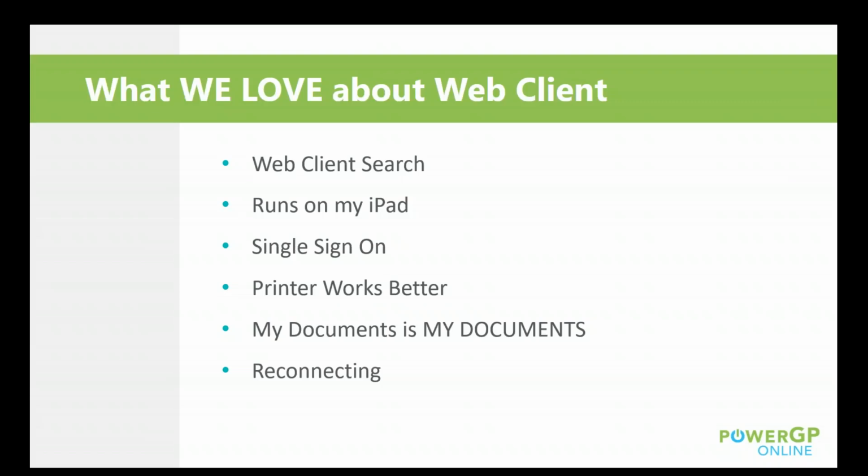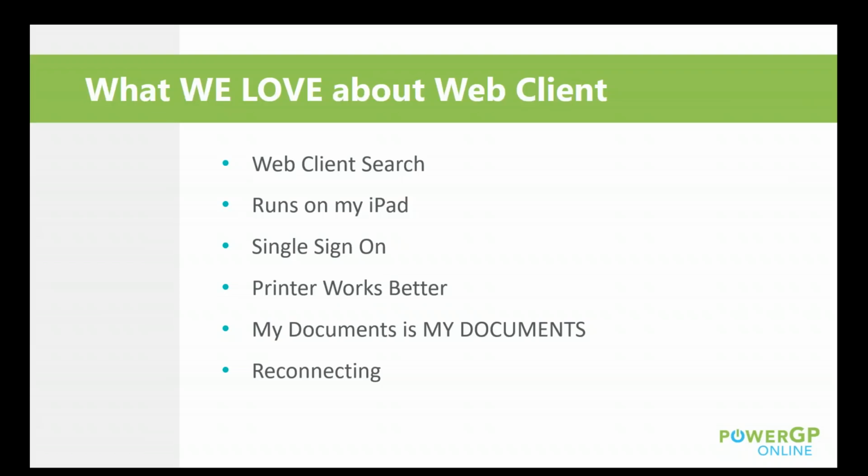Printing works better. It just is a little more functional. And one of the things we love for people who already have data in the cloud and are using remote desktop connection or some other source is that when you save something to My Documents in GP Web Client, you're really saving it to My Documents.